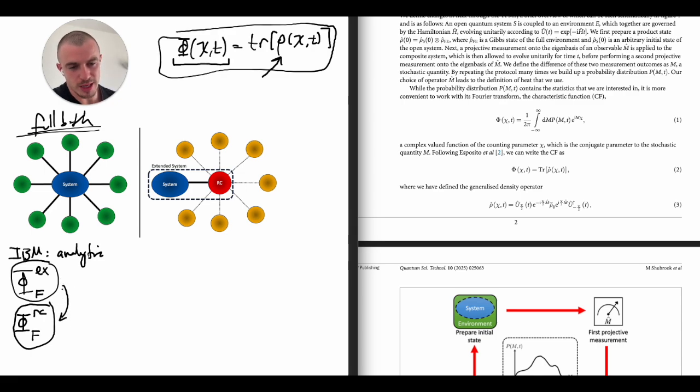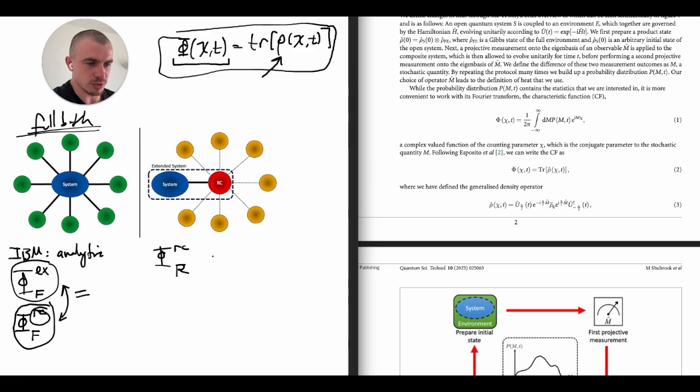So if we can compare these two and show that they're approximately equal to each other, then that's nice because it shows that our master equation is tracking the statistics of the full bath accurately. Now, if that works, which it turns out it does, then we can confidently apply our reaction coordinate method to calculate the statistics of the residual bath, which is what we're going to do afterwards.